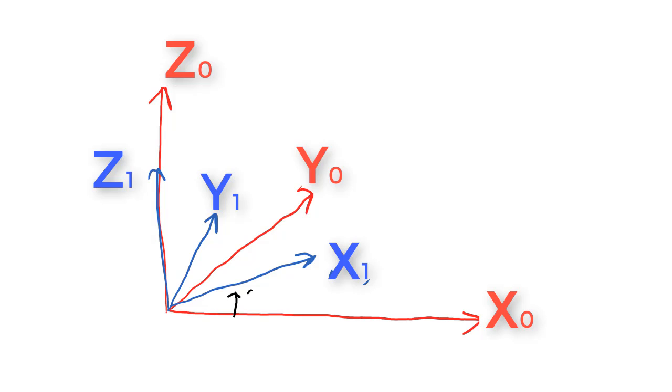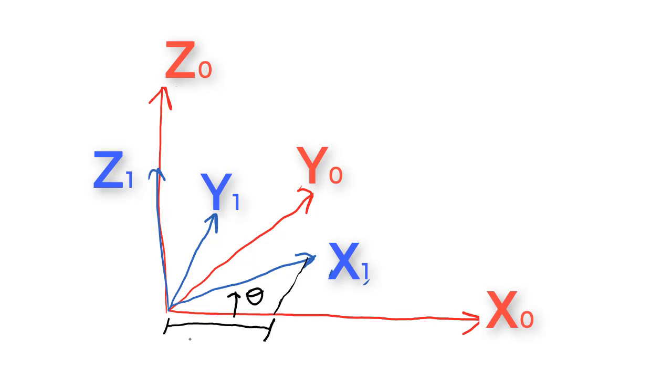Suppose that I know the angle that we have rotated frame 1, and let's call that angle theta. Let's start with this first column. For the first column, we look at the x1 axis, and we project x1 onto x0, y0, and z0.